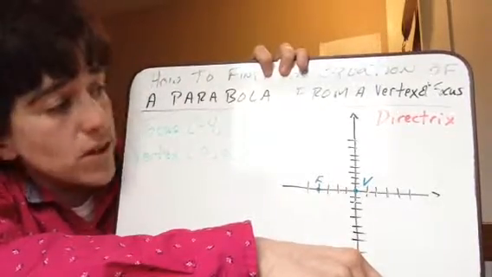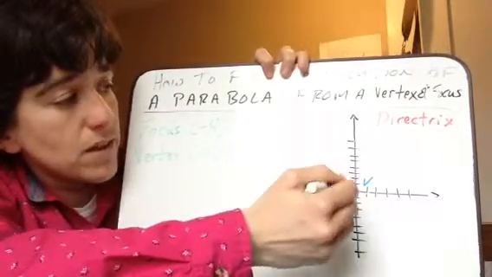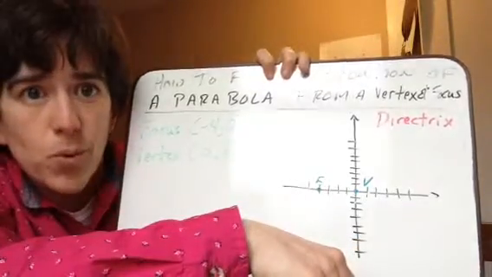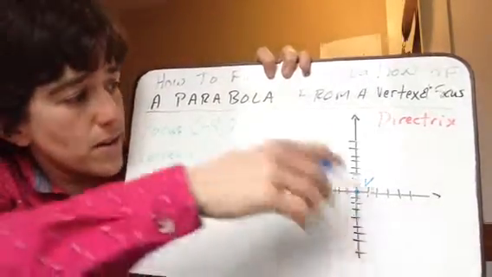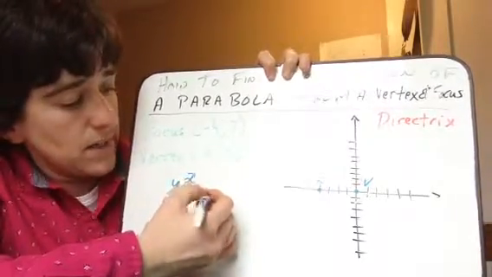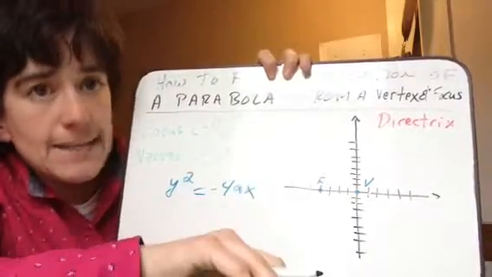Based on those 2 points, we know that this parabola is going to open towards the left. That's rather important because it helps me know that my base equation is going to be y squared is equal to -4ax.